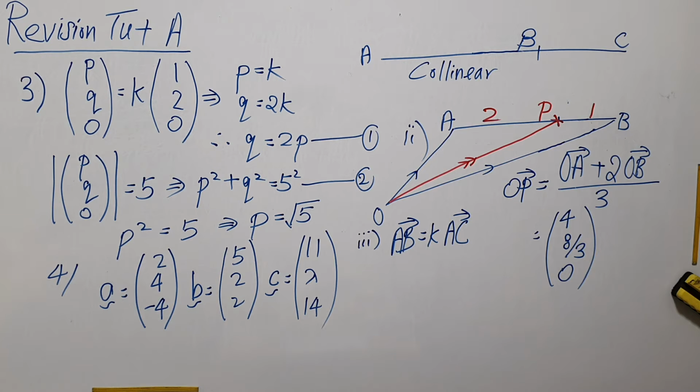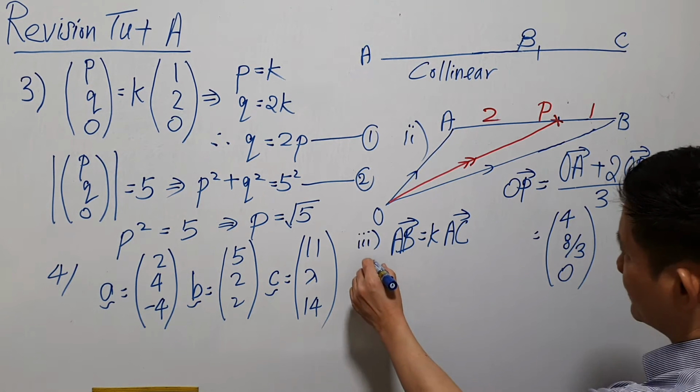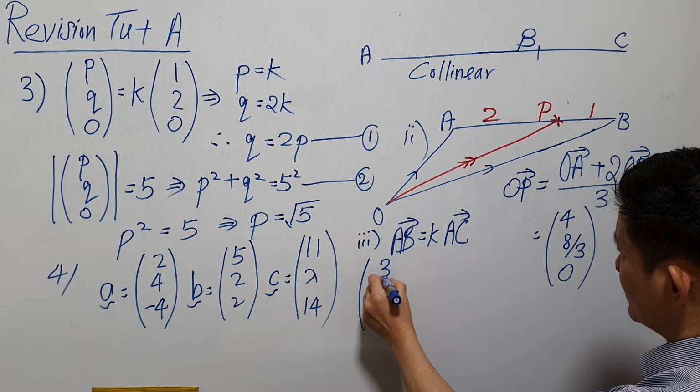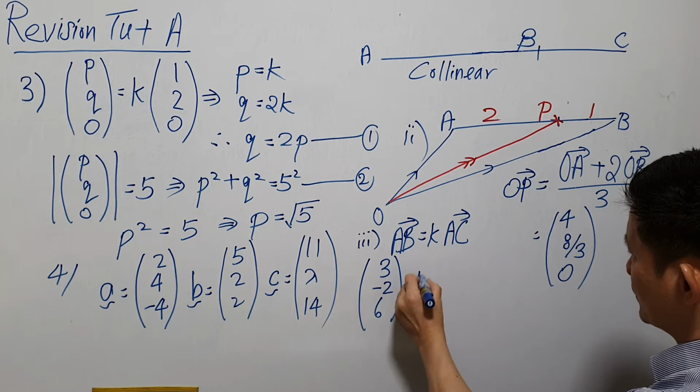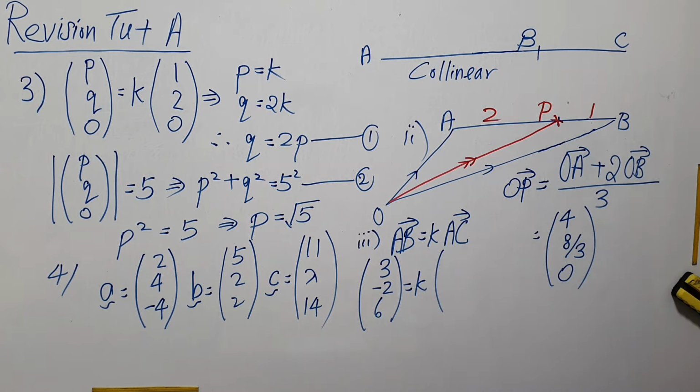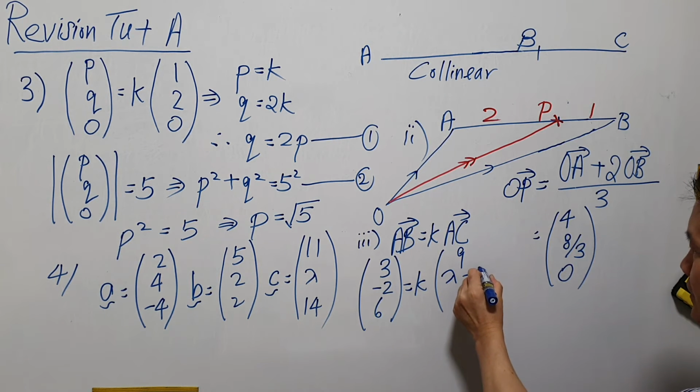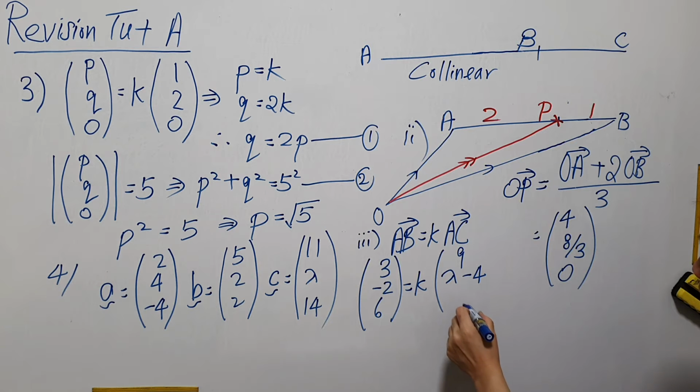So the vector AB from here is 3 minus 2, 6, which must equal a multiple of AC. AC is 9, lambda minus 4, and then 18.